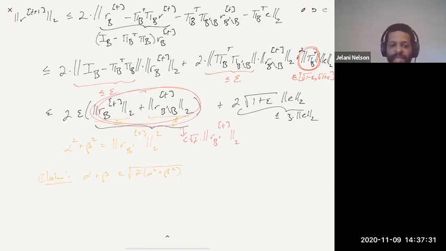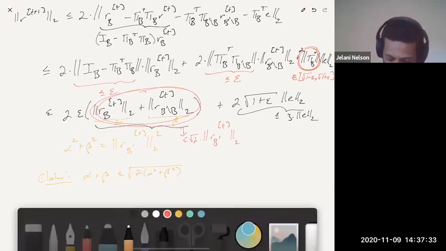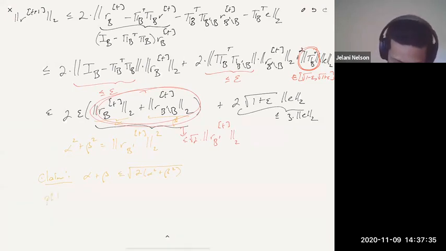Okay. So why is this fact true? You just square both sides. So this is the same thing as saying alpha squared plus 2 alpha beta plus beta squared is at most 2 alpha squared plus 2 beta squared, which is the same thing as saying that alpha beta is at most alpha squared plus beta squared over 2 if you just rearrange things.